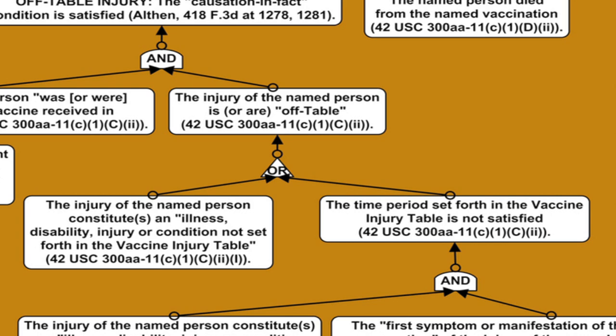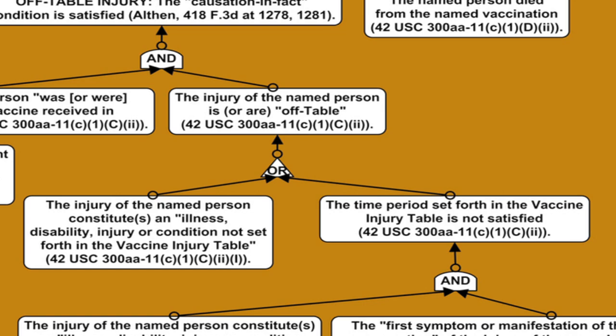First, the petitioner may prove that the injury constitutes an illness, disability, injury, or condition not set forth in the vaccine injury table. The official vaccine injury table includes, for each listed vaccine, recognized side effects and expected times for the onset of those side effects after vaccination.